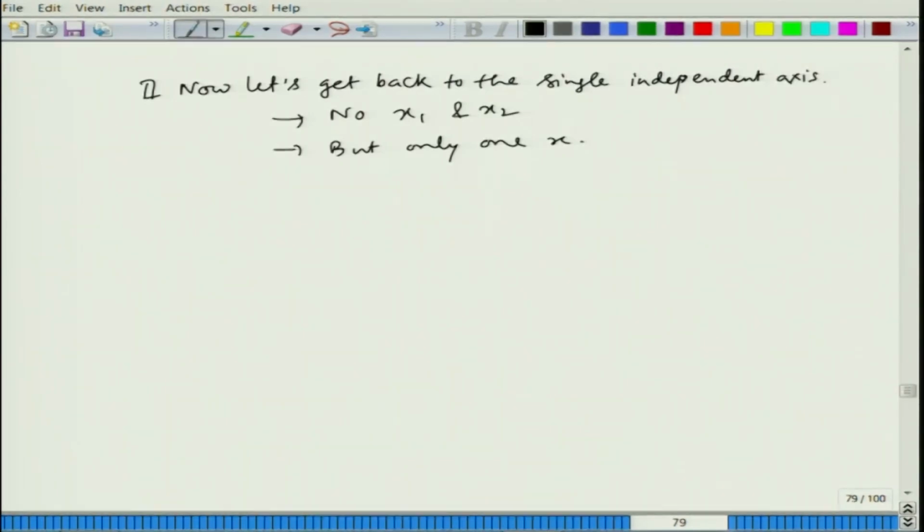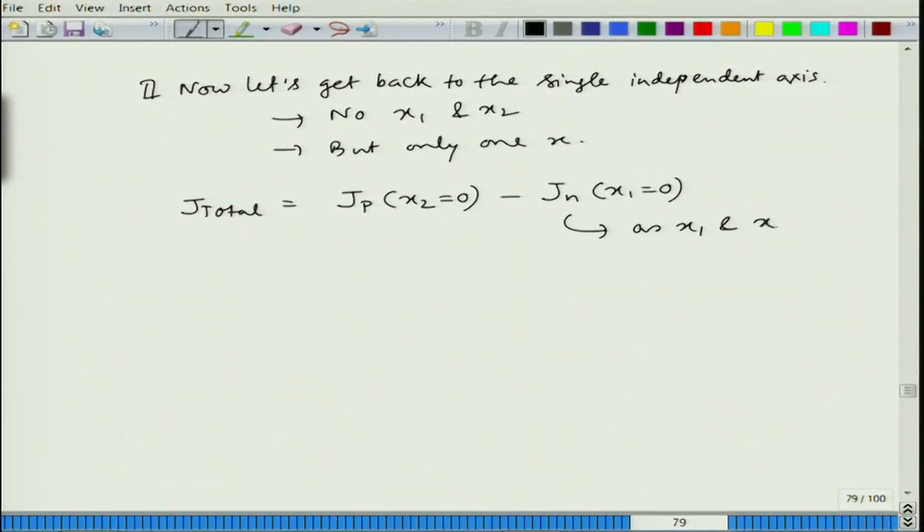So, J total is equal to Jp at x2 equal to 0, and we have to use minus for x1 because x1 and x are opposite to each other.